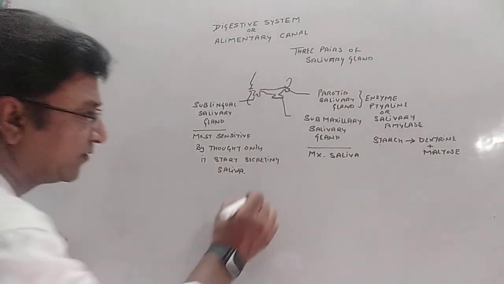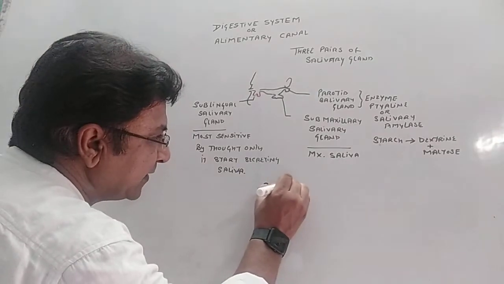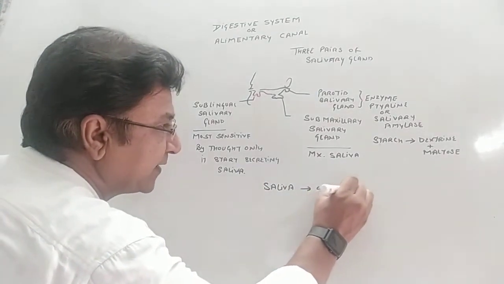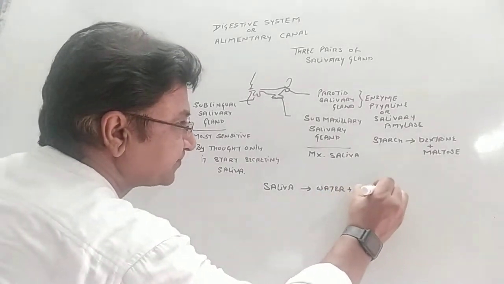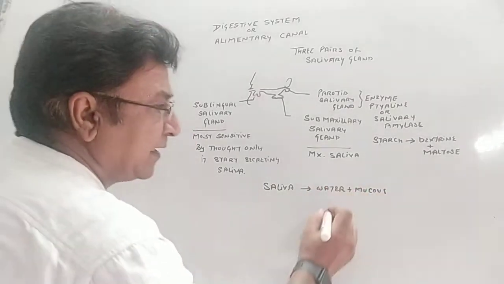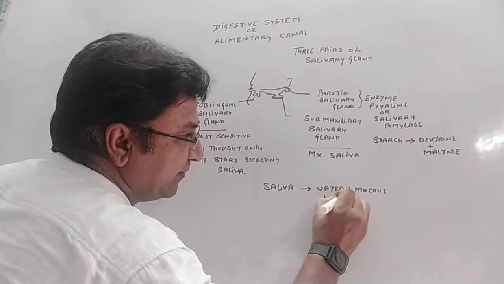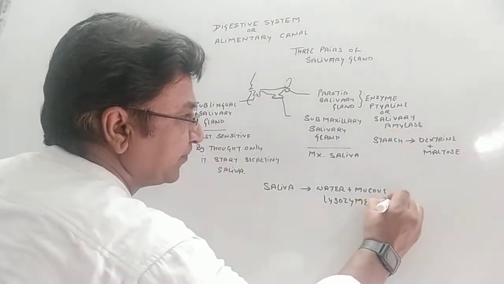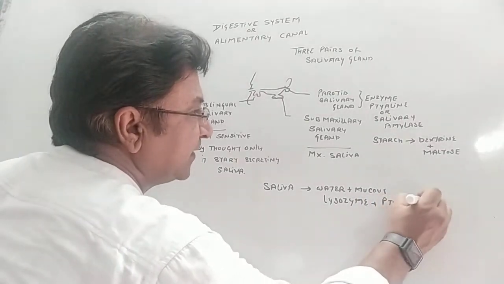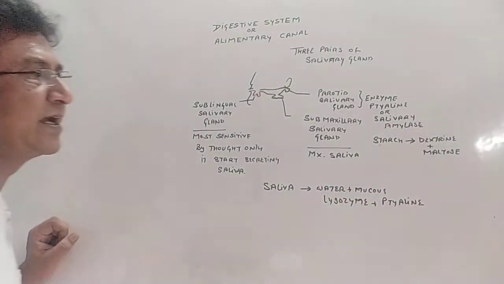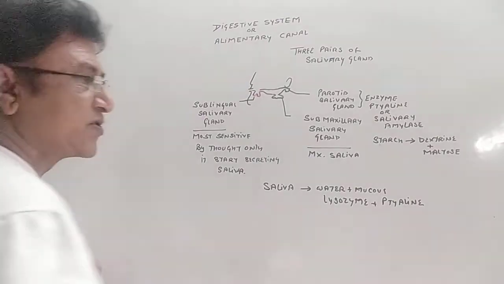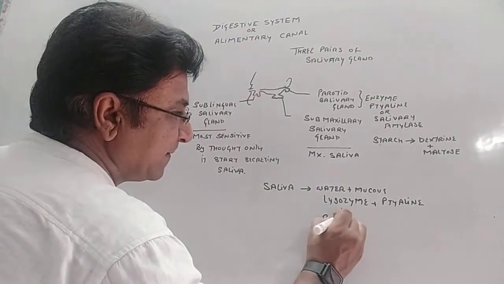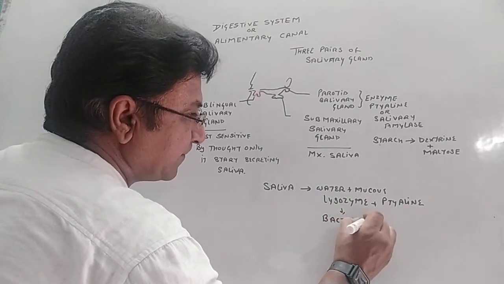Let's talk about saliva. What is saliva? Saliva mostly contains water, it contains mucus, it contains the enzyme lysozyme, and also ptyalin. Remember that ptyalin breaks starch into maltose and dextrin, but lysozyme is basically bactericidal. What is bactericidal?